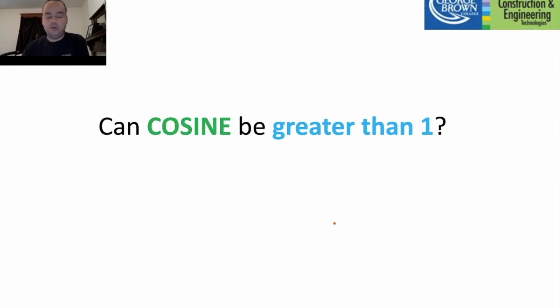Can cos be greater than 1? Well, let's write down the definition of cosine. Cosine is adjacent over hypotenuse. Now, I'll ask you a very childish question here. Who wins? The top or the bottom?